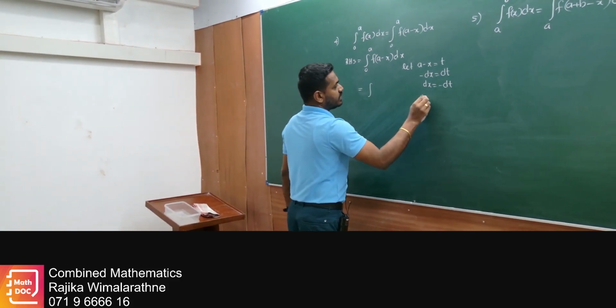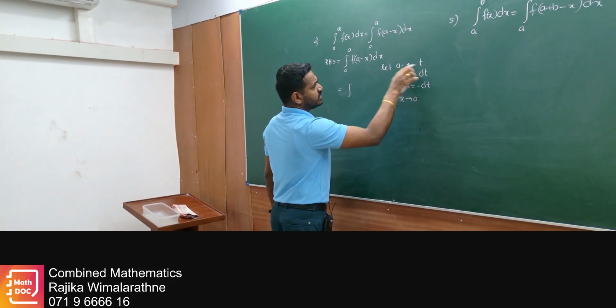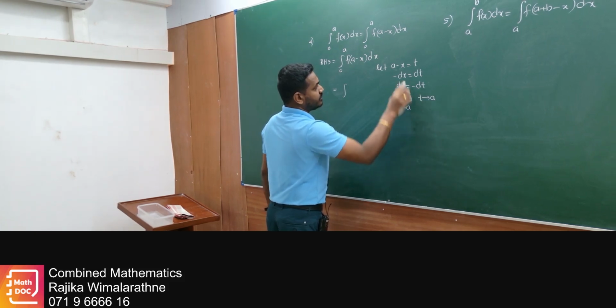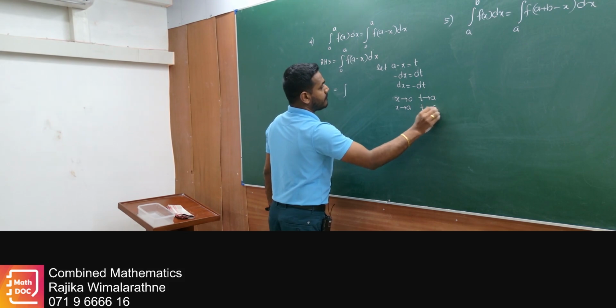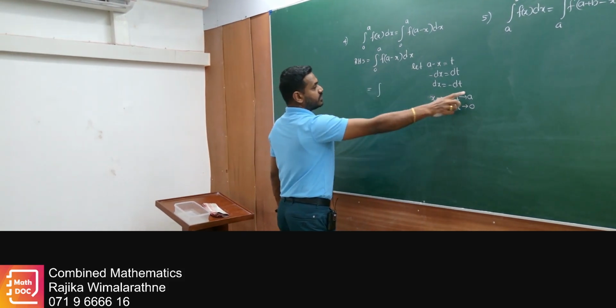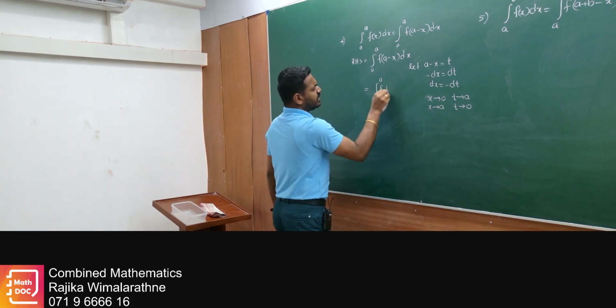Therefore, as x goes to 0, the t value is a. As x goes to a, the t value is 0. Then corresponding t value a to t value 0, then f(t) dt.